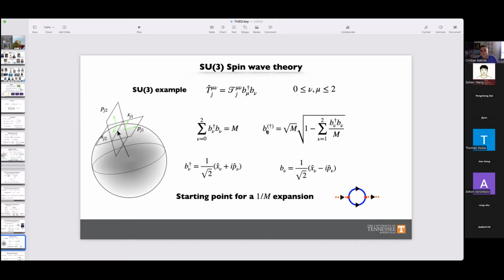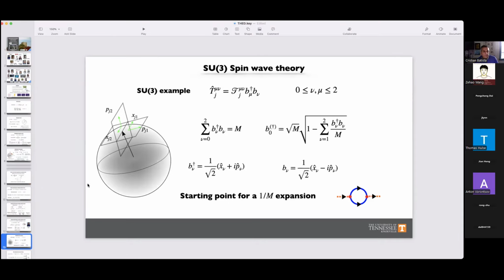So we write the 0 boson in terms of the remaining 2 bosons, 1 and 2. Now we have 2 bosons, which means a pair of normal modes per spin. The rest of the story is the same as with the 1 over S expansion. We do a 1 over M expansion that accounts for the interaction terms between these collective modes, which here can be quadrupolar or dipolar.